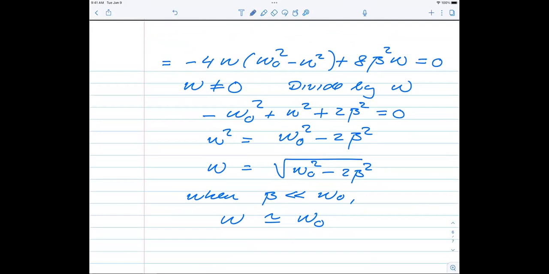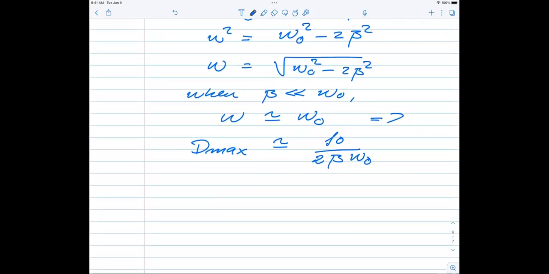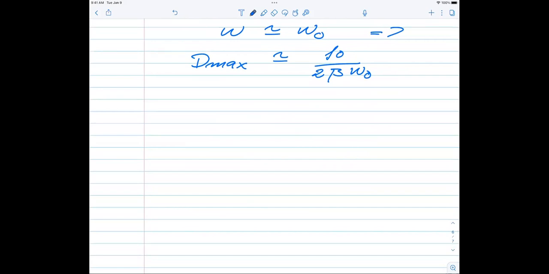If this is the case, that means that D max is going to be almost proportional, because omega is not necessarily equal to omega 0, to this term F0, as we called it, divided by 2 times beta multiplied with omega 0. And the smaller the damping, the larger the response.